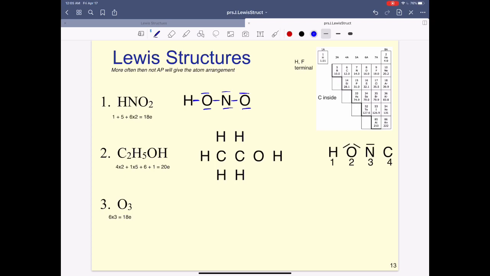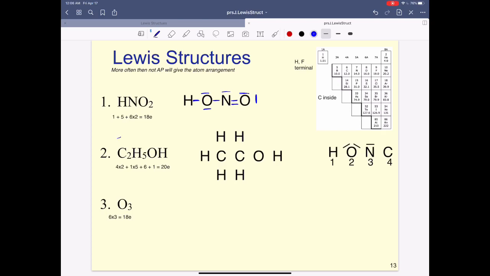And we find out that we are coming up short with that last oxygen. You may have put your bond originally on that last oxygen and said, whoa, my nitrogen in the middle is coming up short. Either way, we're going to have to end up with a double bond, and we'll put that in between the nitrogen and the oxygen so that all of the atoms have an octet.